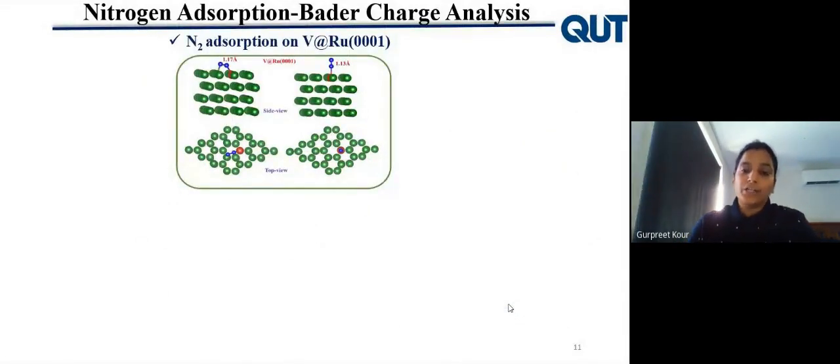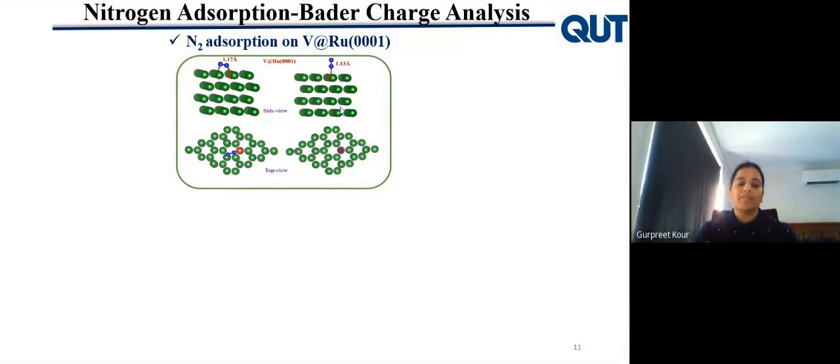Here is the nitrogen adsorption on the surface of vanadium doped ruthenium 001. We can see that the nitrogen, in the side-on configuration, gets elongated from 1.098 angstrom to 1.17 angstrom. In the end-on configuration, again, there is an elongation of nitrogen on adsorption on the surface of this catalyst.